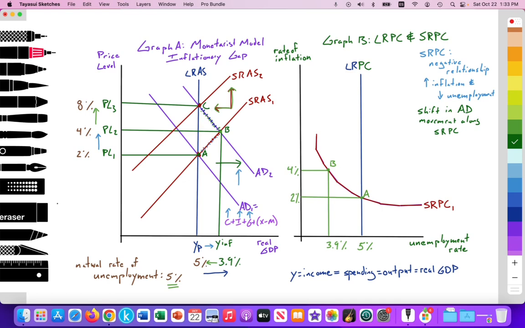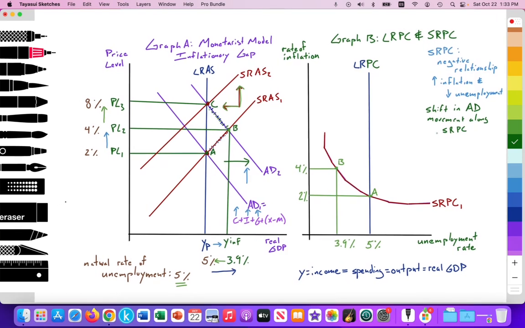Okay, so we see that when AD shifts out from AD1 to AD2, we're moving along the short-run Phillips curve from point A to point B to illustrate that negative relationship. If inflation goes up, unemployment goes down.